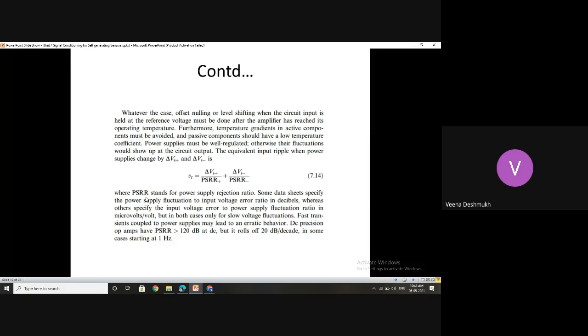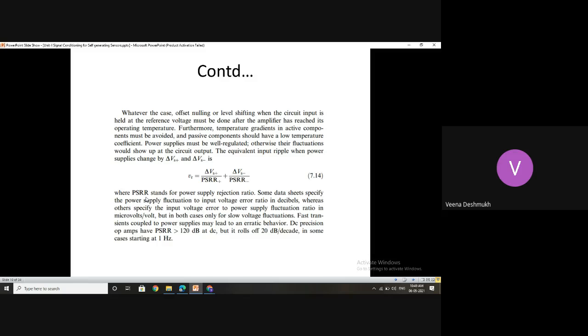Now another factor here is the power supply rejection ratio. Now whenever we change the power supplies, the power supply rejection ratio, if it is high, then any variation, any microvolt level of variation happening at the offset voltages due to change in the power supply, is one reason. The second reason is when you use it over a wide range, say from 0 to 30 volts, the offsets produced may vary.